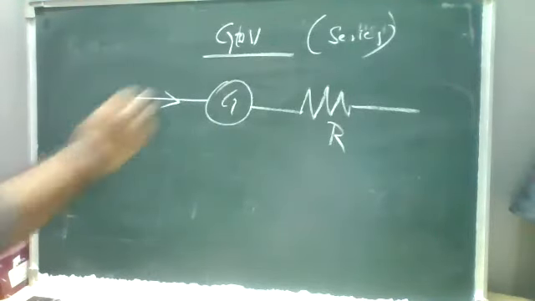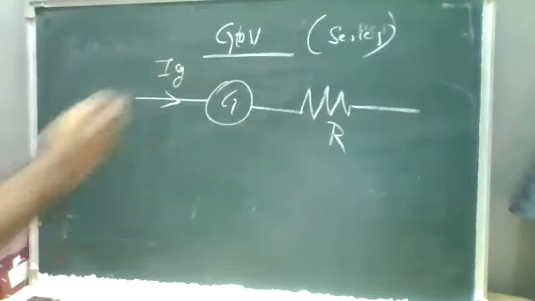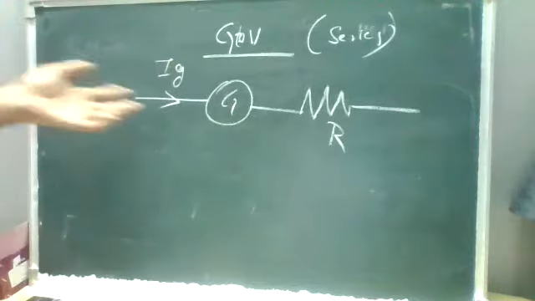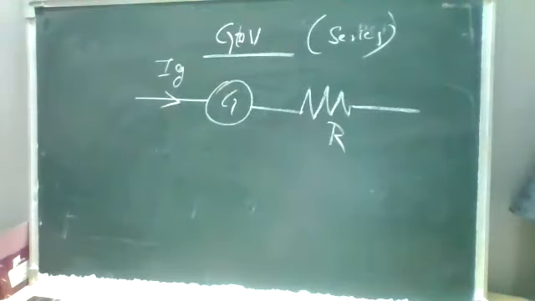For this circuit, what will happen? The same current Ig will pass through both, since they are in series.